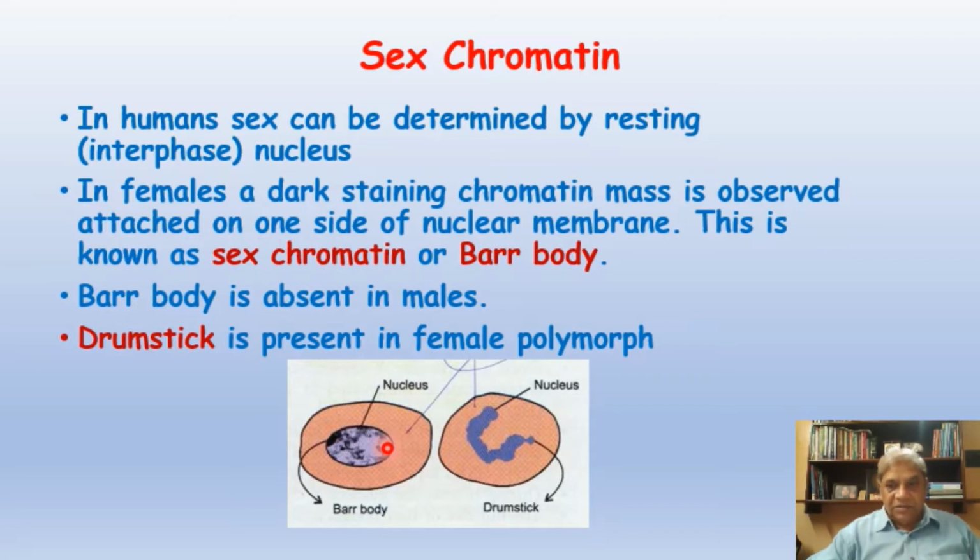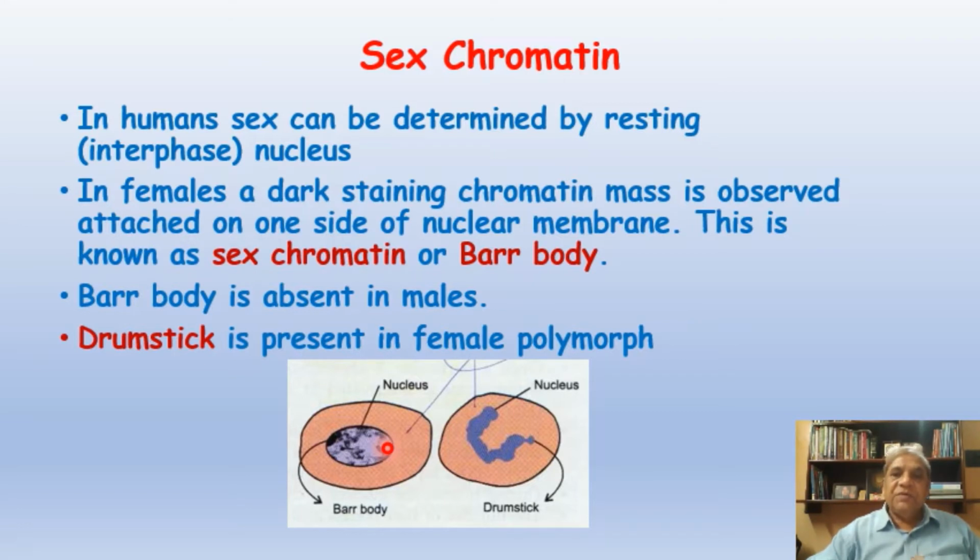Why could he observe this Barr body? Because the nucleus of the neurons is light stained, euchromatic, and most of the chromatin material is extended, not tightly coiled. It is a pale nucleus, and on one side of this pale nucleus, the Barr body was very much visible.